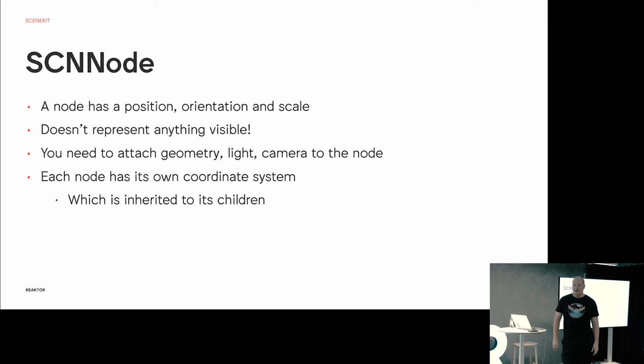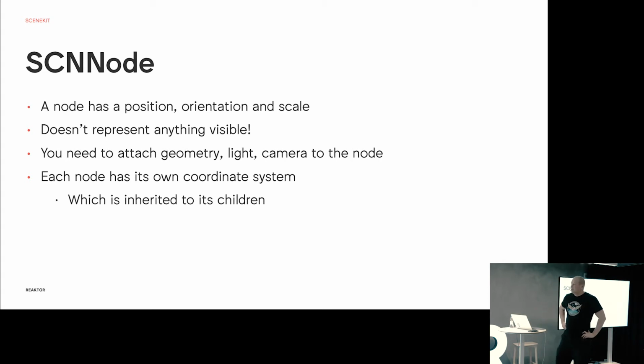For example, you can have an animal that has eyes, and then you could have some SCN node, and the eyes would track the node around. That's also fairly easy to do, and you don't need to do any complex math stuff. And like I said, you need to attach some geometry, lights, or camera to the node, but you can also have the placeholders there.